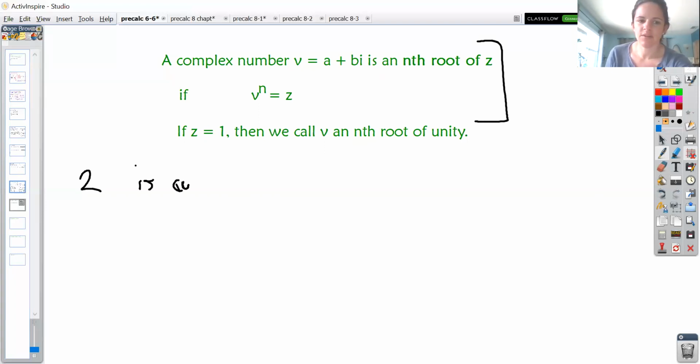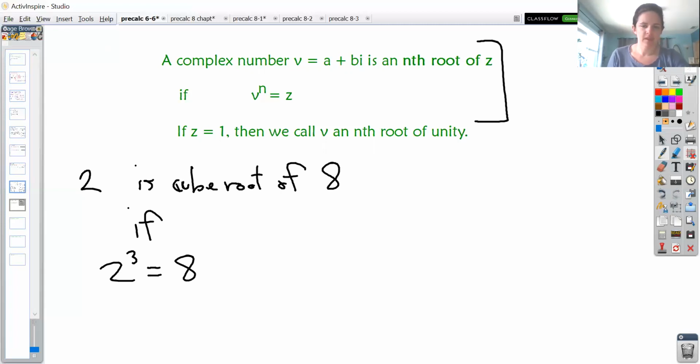I'll go ahead and write it out for you. 2 is a cube root of 8 because, or if, right, 2 cubed equals 8. And that's pretty much what that top sentence is saying, but it's saying that that's true for complex numbers as well.